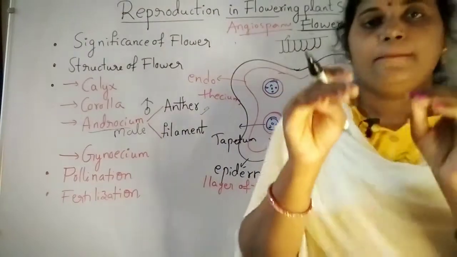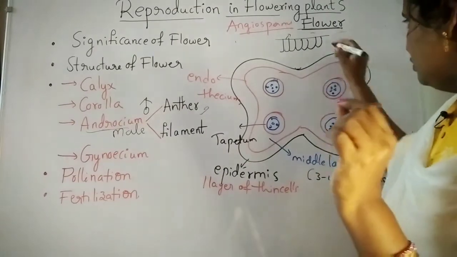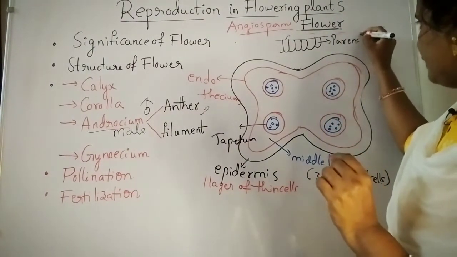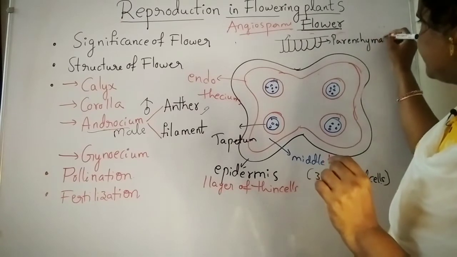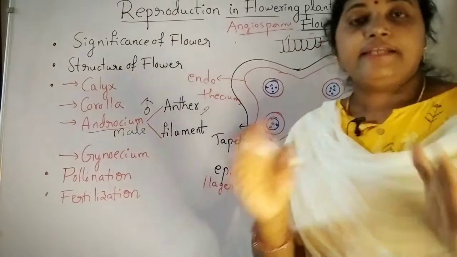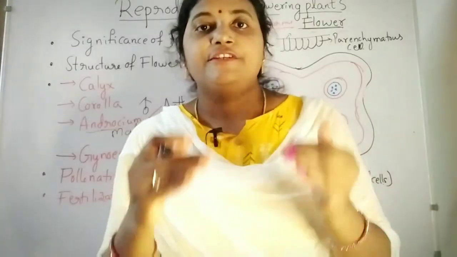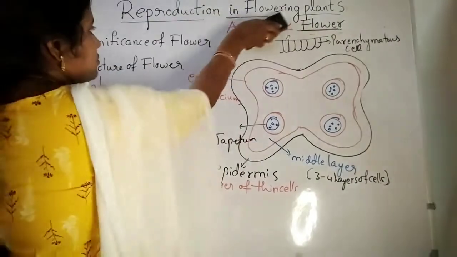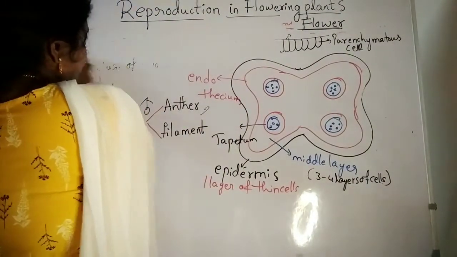So this parenchymatous tissue or parenchymatous cells, later they are going to divide into two layers.